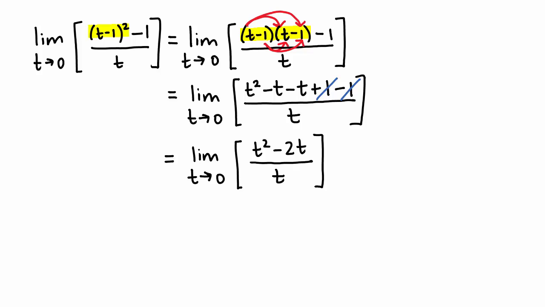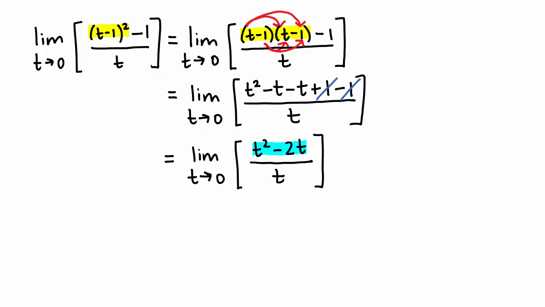I've actually completed the expand and simplify part, and now I'm left with this limit, and I want you to see how the numerator brings us back to the previous video, to the previous algebraic manipulation of factor and simplify. That numerator is factorable.